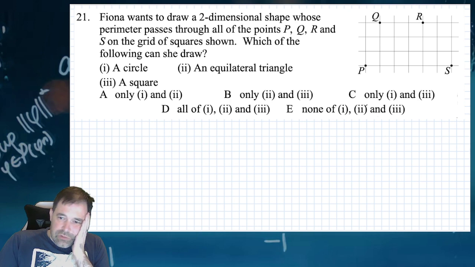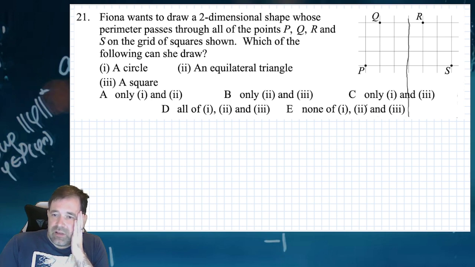So for a circle to go through them all, if you have 2 points, so let's say P and S and the circle goes through both P and S, then the centre of the circle has to be on the perpendicular bisector of P and S. It has to be somewhere on there.